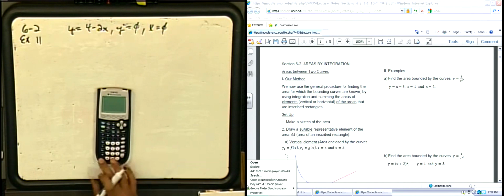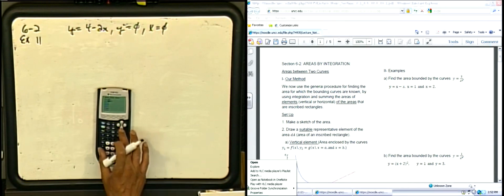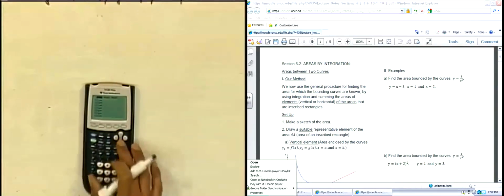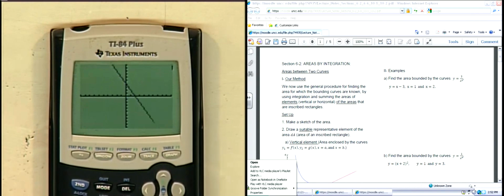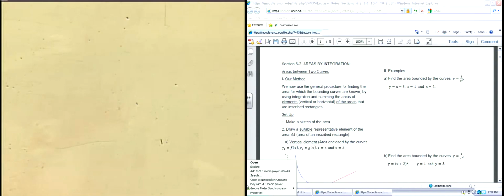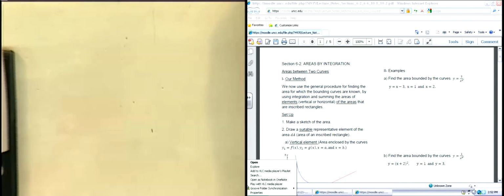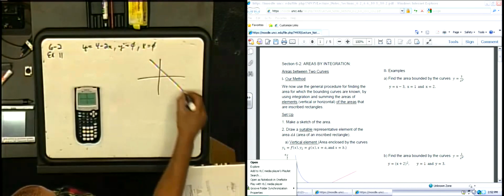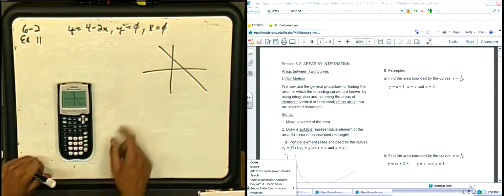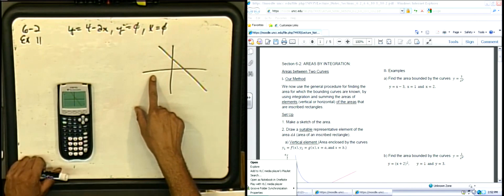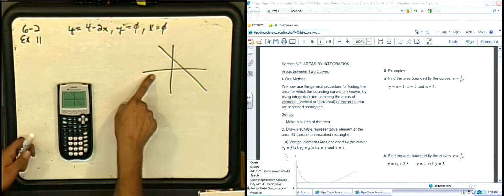First, graph the function y equals 4 minus 2x. Graph. Straight line. Something like that. Y equals 0 is the x-axis.